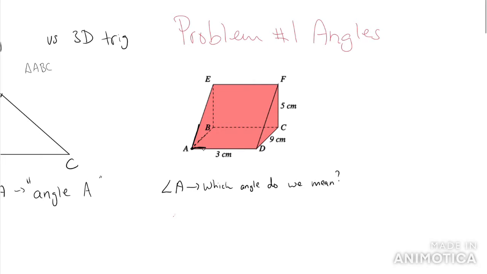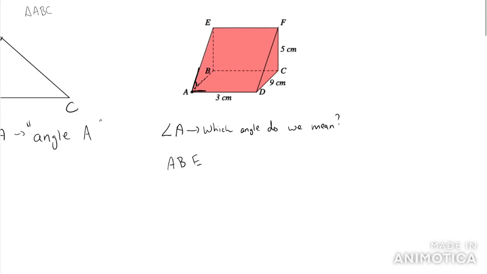I have the angle that's shown by A to B to E, which would look sort of like A, E, B. So I'll use the sides that we know. We know that this is 5 centimeters, and we know that this is 9 centimeters, and I don't know what this is. Is it talking about this angle?